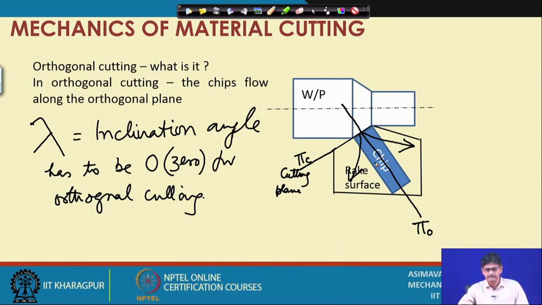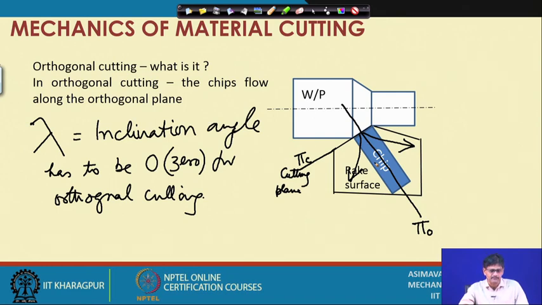So, let us come back here. In orthogonal cutting, in mathematical terms, the cutting forces will be contained in the orthogonal plane. If the chip is flowing along the orthogonal plane, this is going to occur.